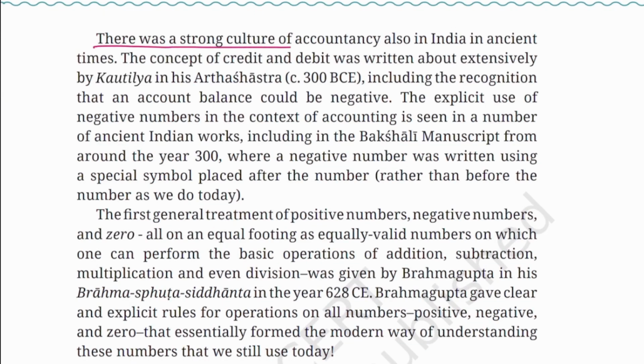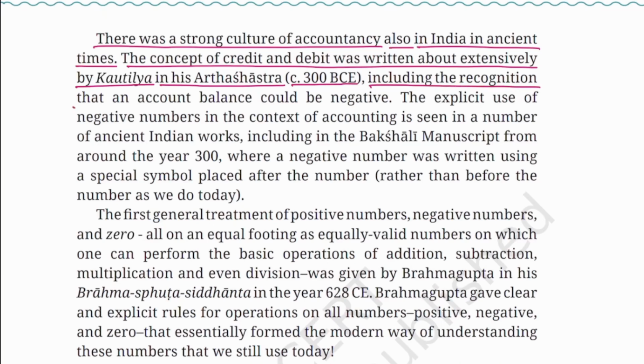There was a strong culture of accountancy also in India in ancient times. The concept of credit and debit was written about extensively by Kautilya in his Arthashastra, around 300 BCE, including the recognition that an account balance could be negative.